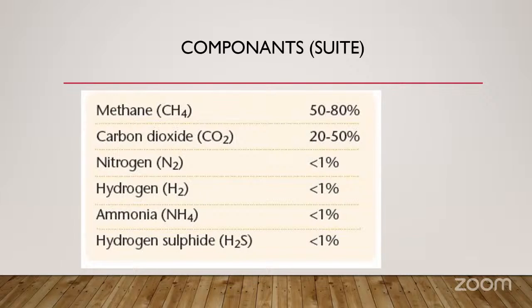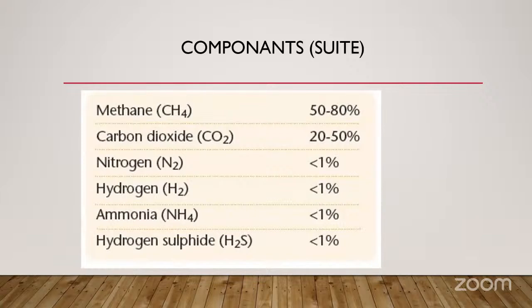So the table we are seeing is clearly showing the percentage of the different gases which are coming out of biogas. The first one is methane. Methane comes in proportion of 50 to 60%. We have carbon dioxide between 20 and 50%.